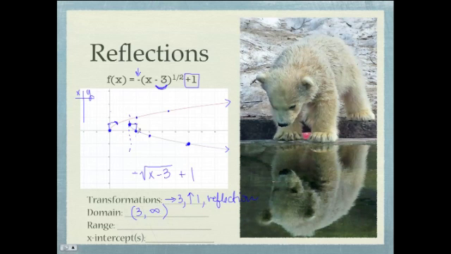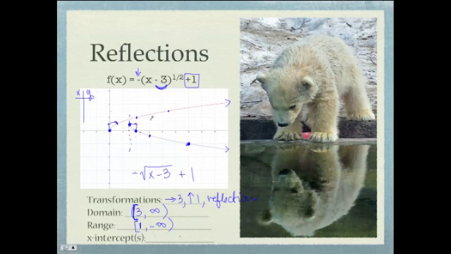Our range starts with 1, that's our highest value. And this should have been a hard bracket because it can equal the 3. And for the range, it does equal 1. And then it goes in the negative direction, so it goes to negative infinity on the y-axis.